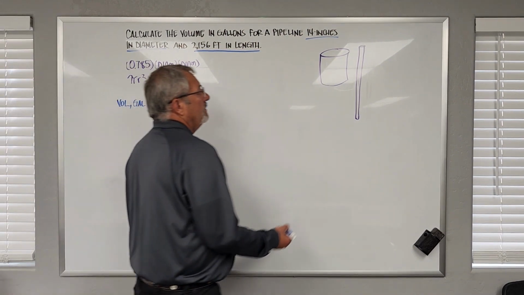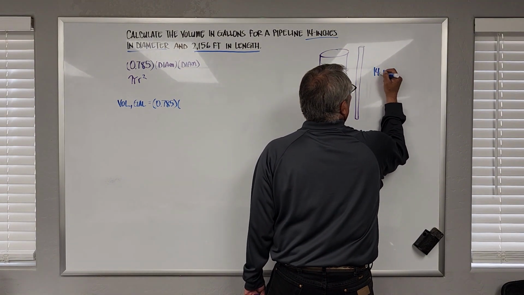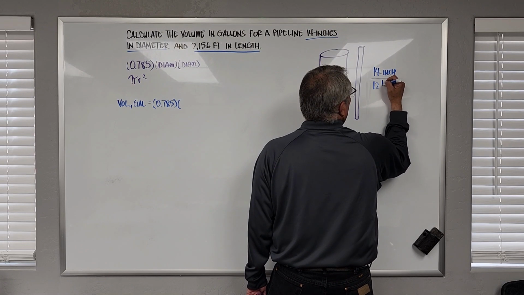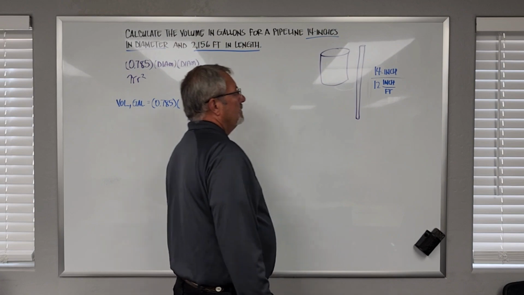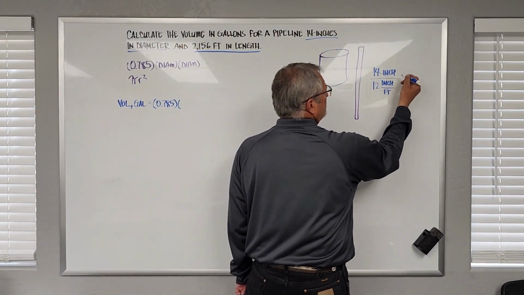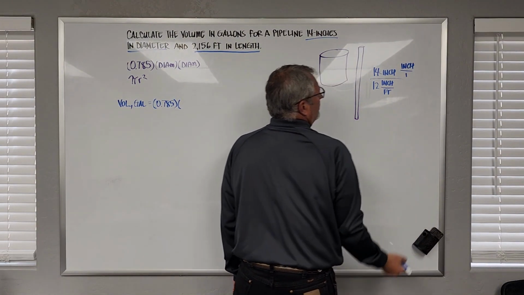Well, I'm going to take 14 inches and divide it by 12 inches per foot, right? So when I say inch like this, it's the same as saying inch over 1.